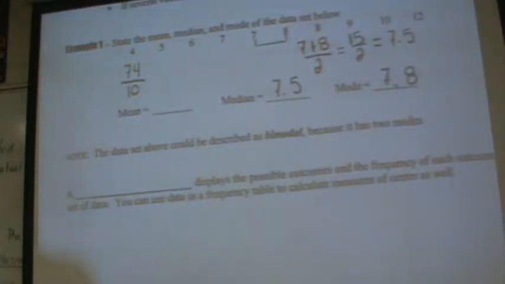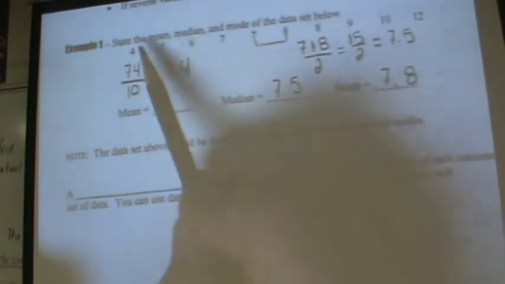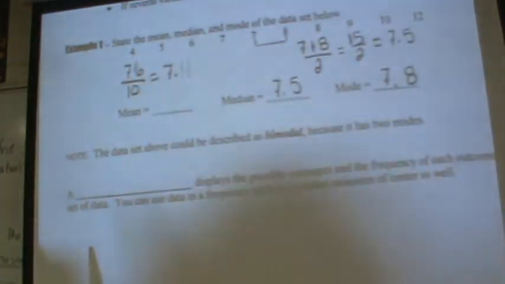So we have 76 divided by 10, so that equals 7.6.